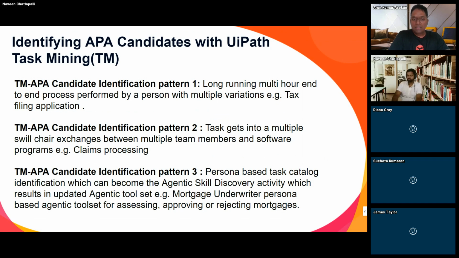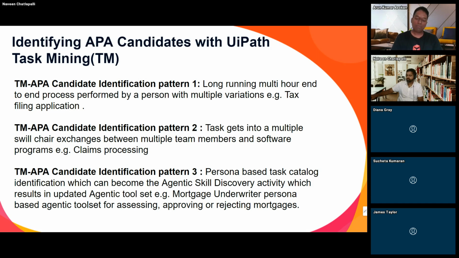The last one is more of a persona based task catalog, right? So for example, if you want to build a digital twin for a mortgage company, then let's take a mortgage underwriter persona. So how do we start with it? We would need to identify and catalog the tasks done by the person, and these tasks will be added as an agentic skill, which can be automated, which can be built into microservices, and it goes into the tooling part of it, right?